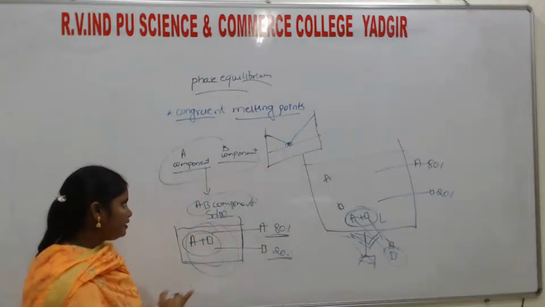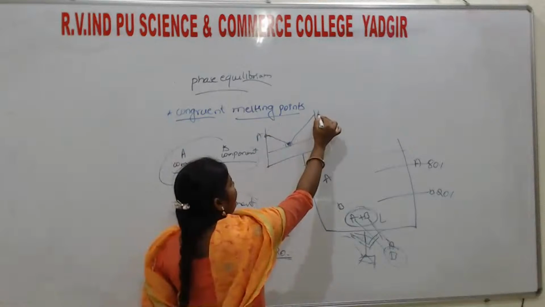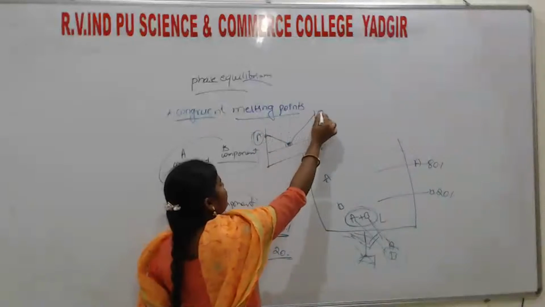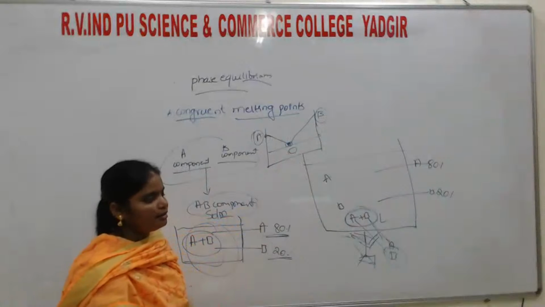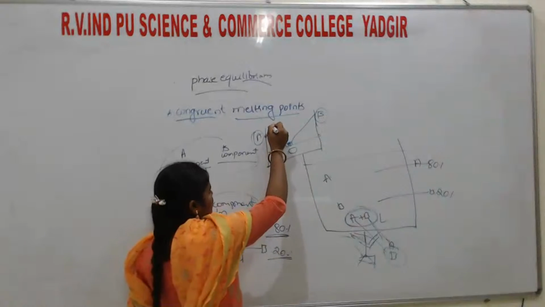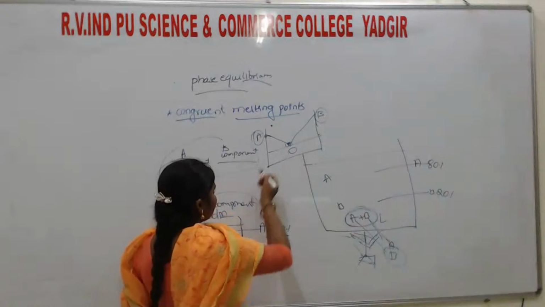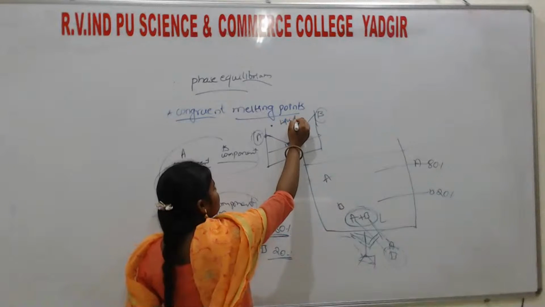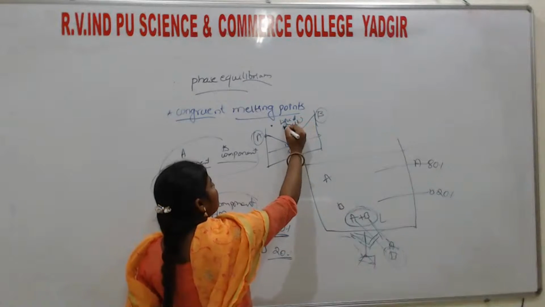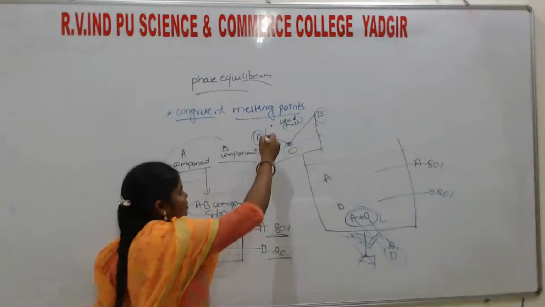Just assume this is point A and point B, with the A component, the B component and the triple point. You heat the components A and B and they melt into the liquid phase. This is the melt.